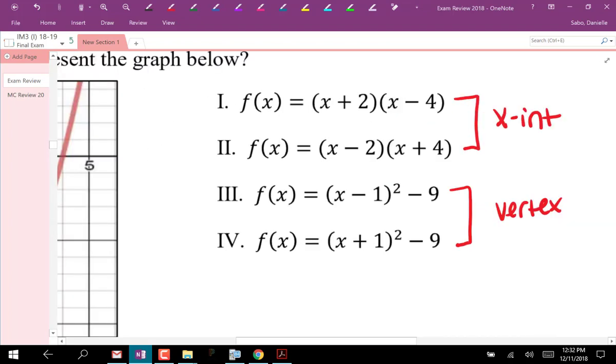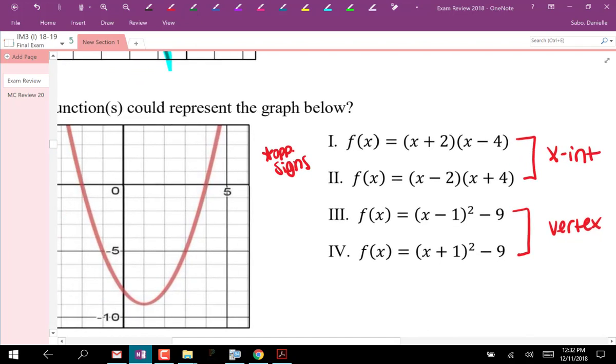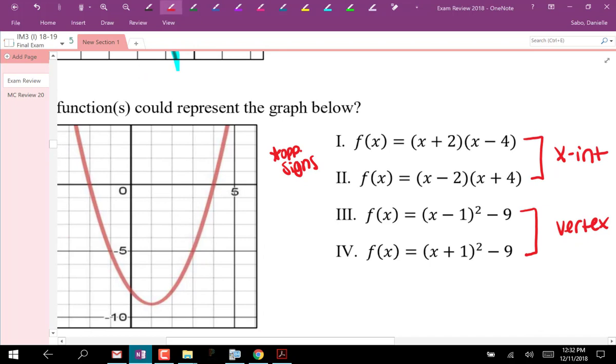Remember, it's always the opposite signs when you're talking about x-intercept form. So, what are my two x-intercepts here? Good. -2 and +4. So if I want the opposite signs, is it going to be Roman numeral 1 or 2? 1. So this one is gone.